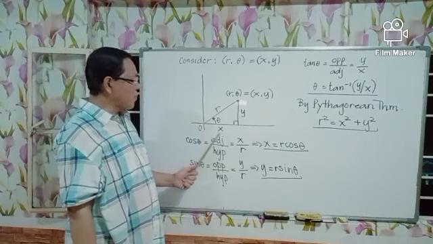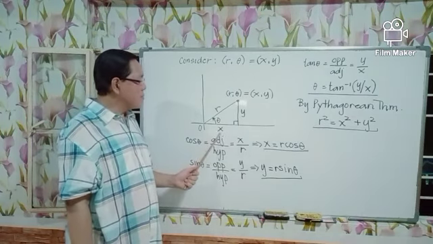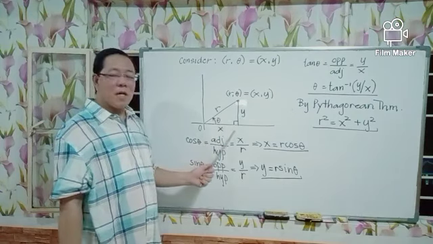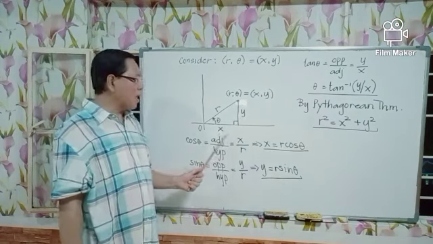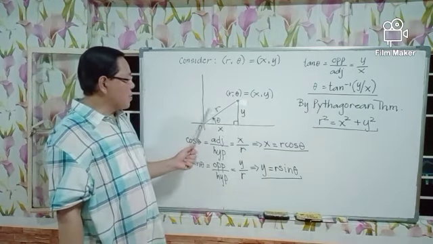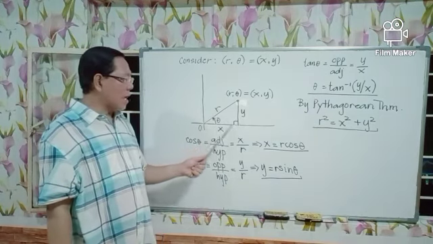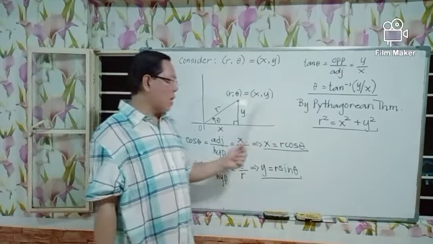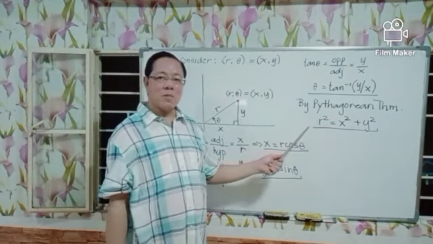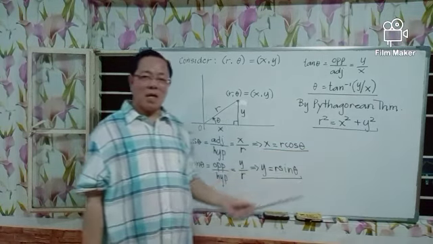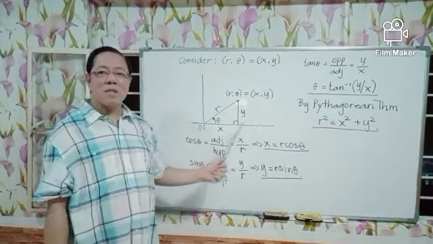The legs of the right triangle are the side opposite the angle theta and the side adjacent to angle theta, with lengths of y and x. And the hypotenuse is the side opposite the right angle with the length of r. So by the Pythagorean theorem, the square of the hypotenuse, r squared, is equal to the sum of the squares of the legs, x and y.